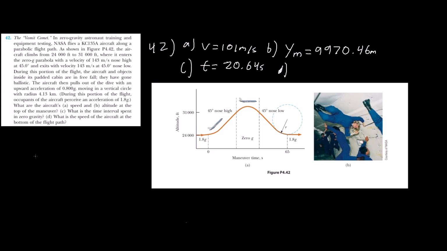So in other words, the velocity is going to be the square root of 0.8 times g times the radius, which is 4.13 kilometers. So we're going to put 0.8 times gravity times 4.13. So the tangential velocity is going to be approximately 180 meters per second.